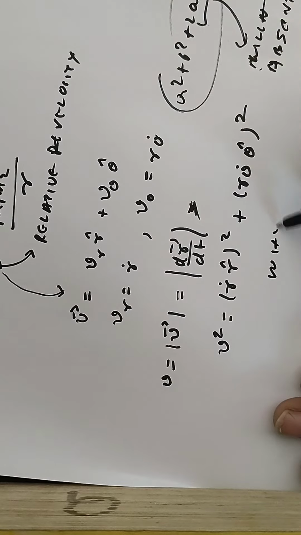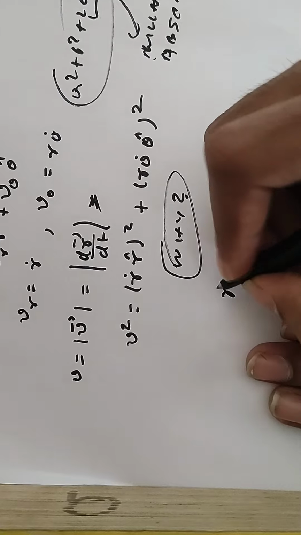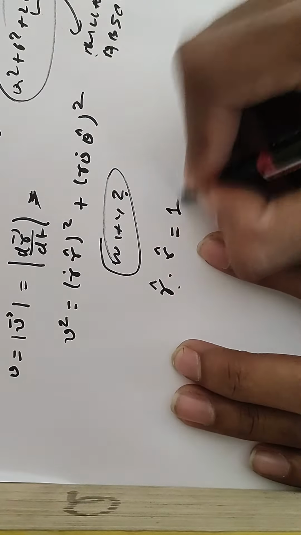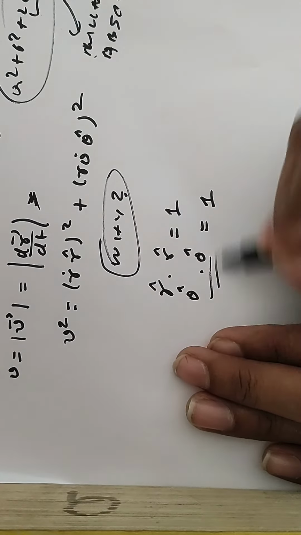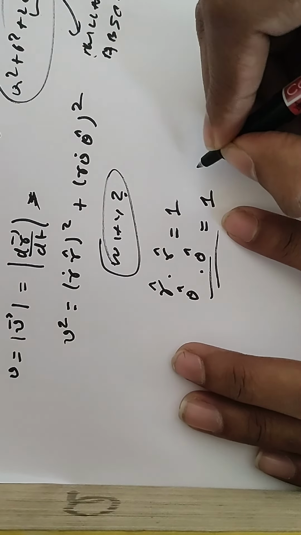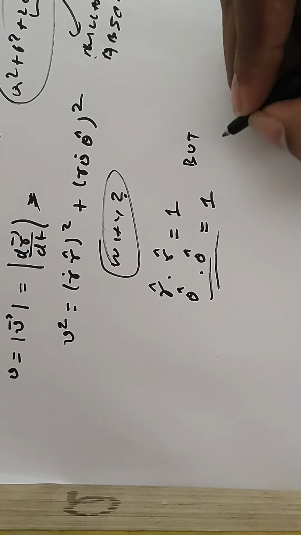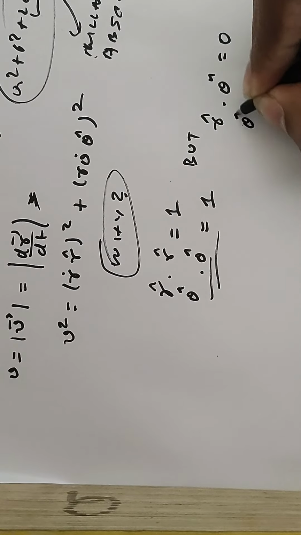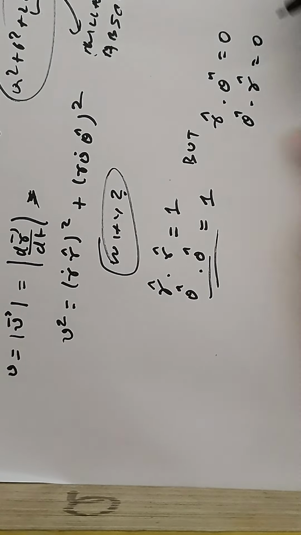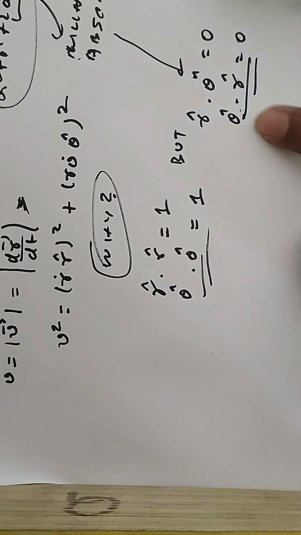Why? It's simple. When we take the scalar product, the unit vector r cap dot r cap gives 1. Similarly, theta cap dot theta cap gives 1. But the scalar product of two different unit vectors results in 0, so theta cap dot r cap is equal to 0. This is the reason why we don't have this combined term over here.